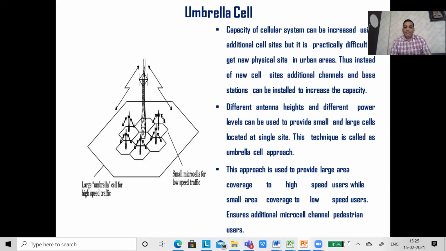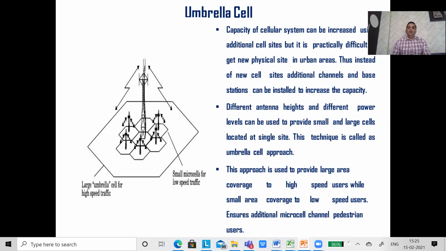There you will be able to see the large umbrella cell for high-speed traffic and the small macro cell for low-speed traffic. This approach is used to provide large area coverage to high-speed users while small area coverage to low-speed users, ensuring additional microcell channels for pedestrian users.